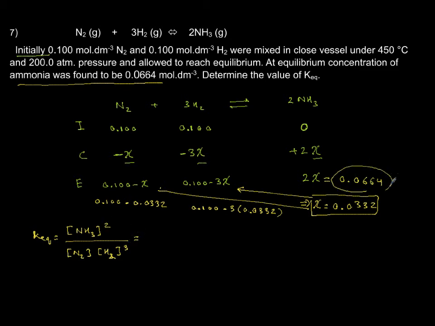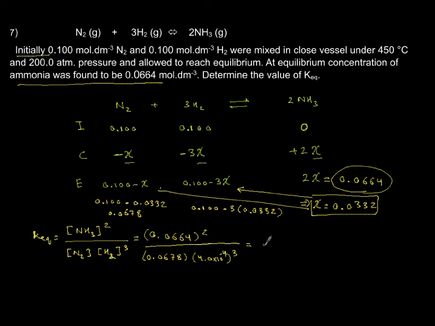Don't forget this is nitrogen, 0.0664 squared, divided by, and when you do this value for nitrogen, you will come up to 0.0678, if I'm not making a calculation error, multiplied by, when you do this calculation, you get 4 times 10 to the minus 4, a very small number. Don't forget to cube it.